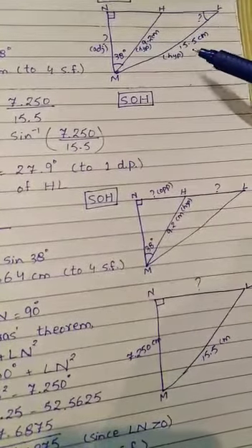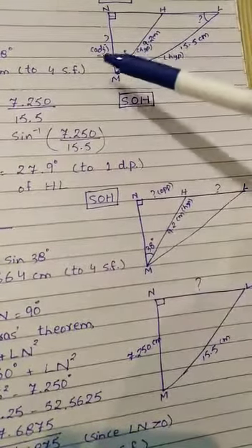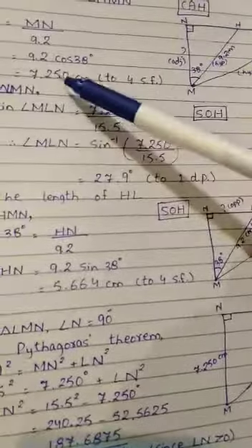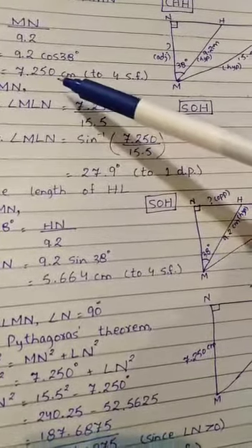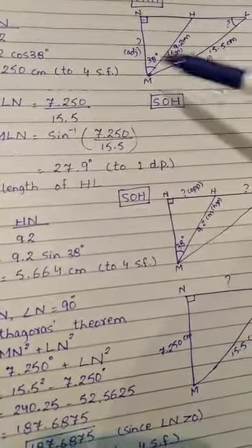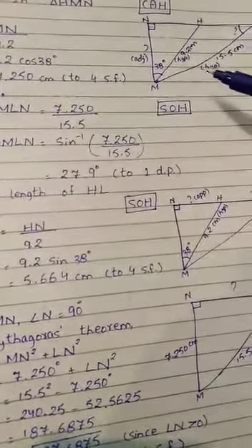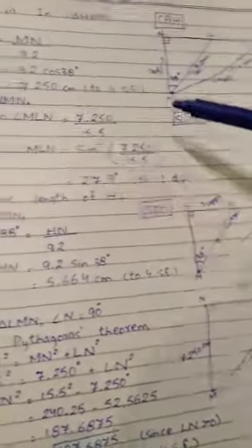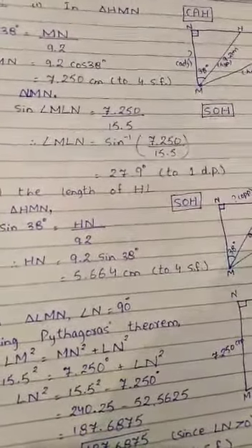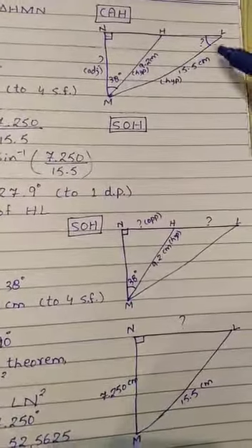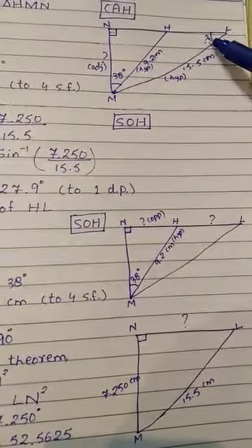Now in triangle LMN, you can take the complete triangle. We have the hypotenuse 15.5 centimeters and the adjacent side equal to 7.250 centimeters.